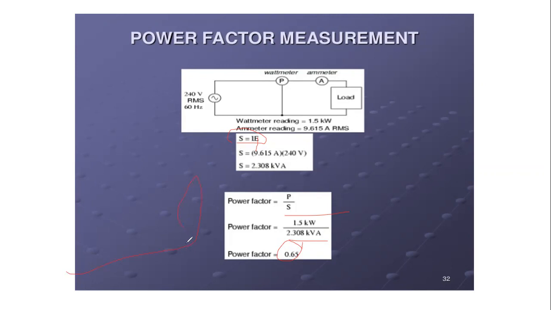If you obtain a low power factor, the consumer pays a penalty for that low power factor. If the power factor is high, the consumer gets a discount for that high power factor. These are the advantages and disadvantages of low and high power factors.